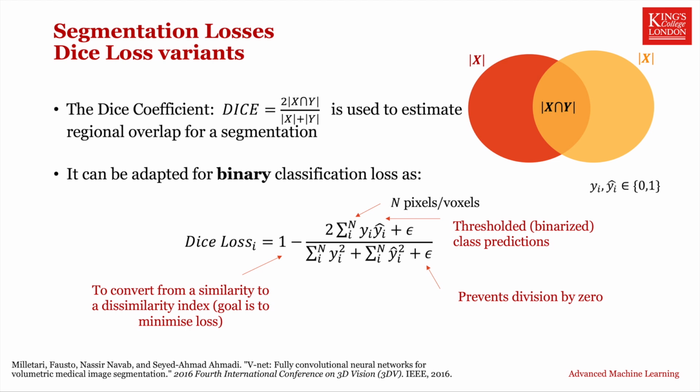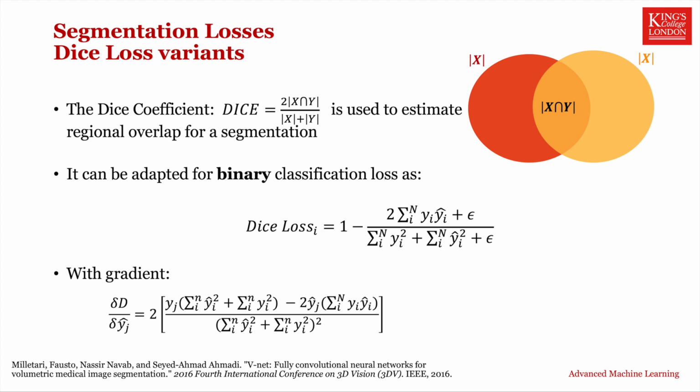The denominator then normalizes through by the total number of voxels or pixels with class 1 in both images. Note, for the binary form, we don't need to consider the 0 class, as if the foreground class overlaps, the background class completely overlaps. The epsilon here is just to avoid NaNs occurring through division by 0.